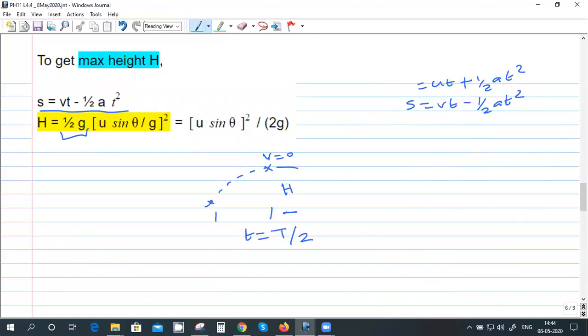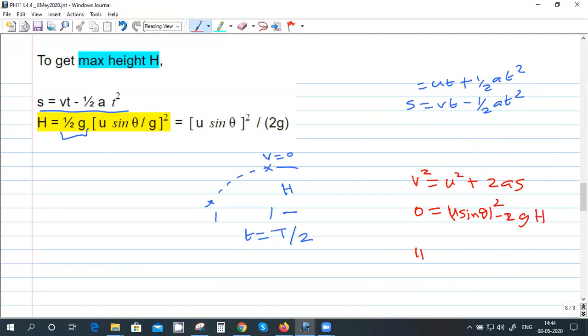There is another way of getting this answer. That is by using v square equal to u square plus 2as, where v is 0 at the maximum height point, and u is u sin theta, the vertical component, and a is minus g, and s is h.